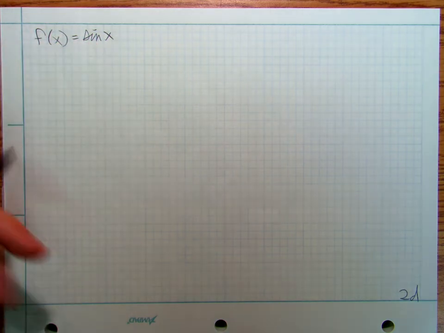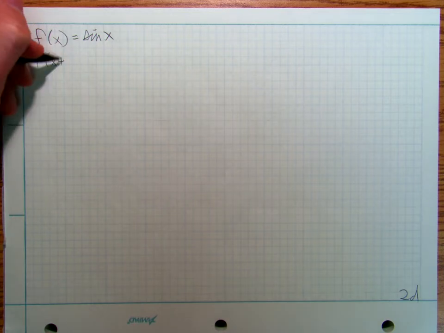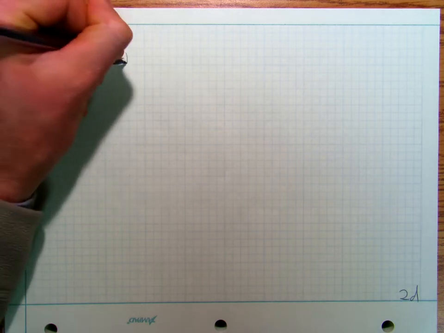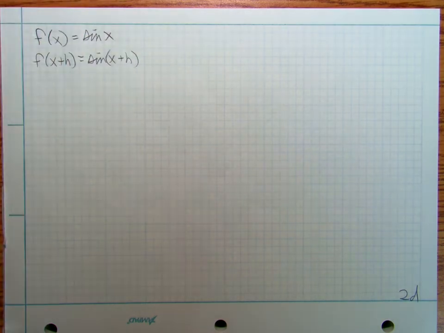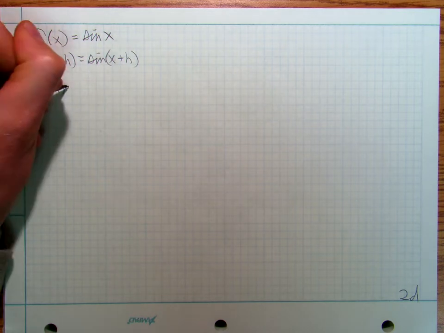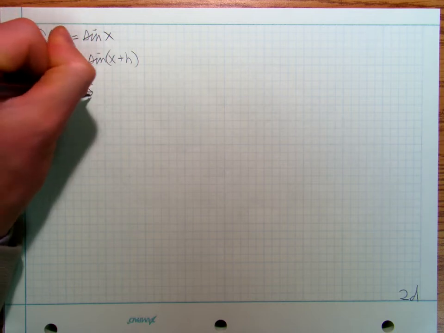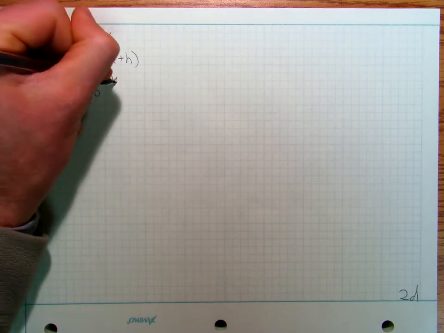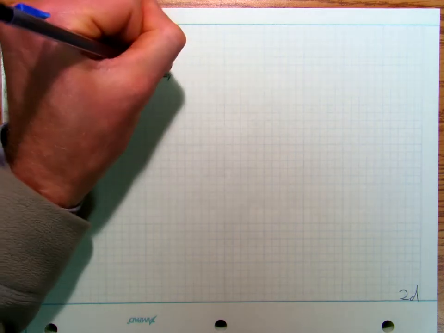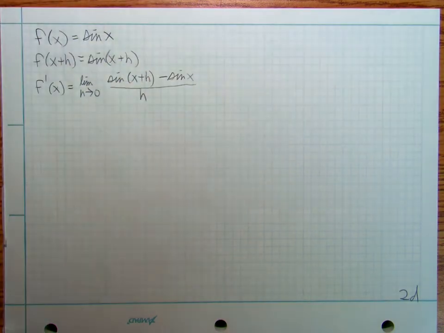Okay. Well, there's f of x equals sine x, so let's do f of x plus h is equal to sine of x plus h. And then I'm going to say f prime of x is going to equal the limit as h approaches 0 of sine of x plus h minus sine x all over h.